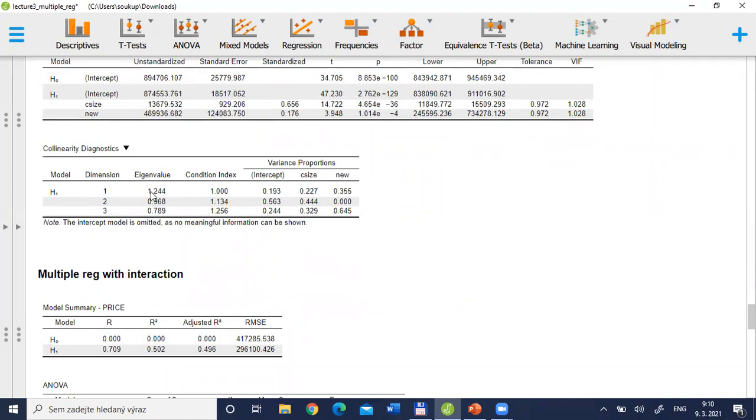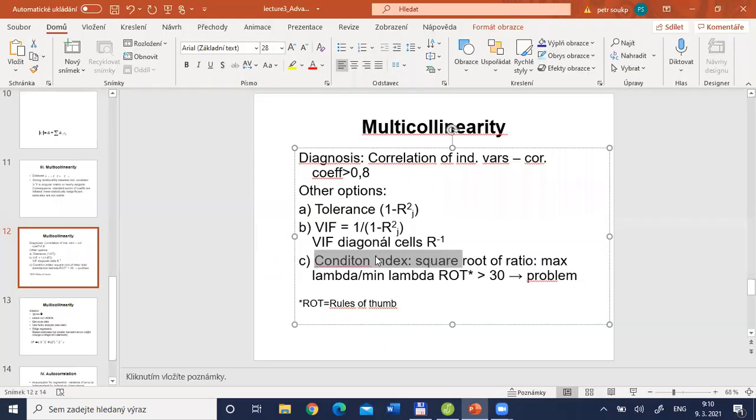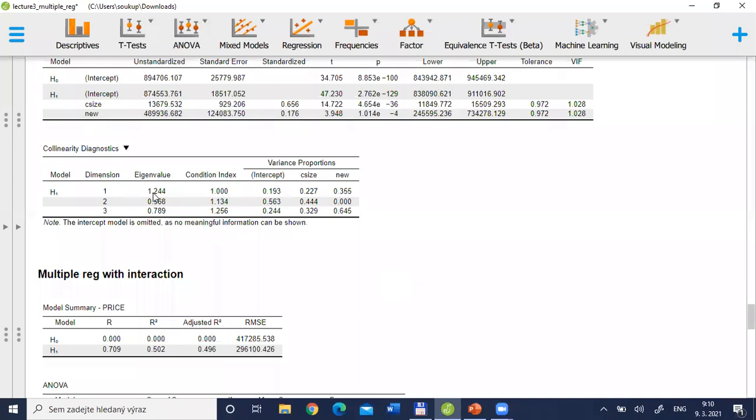If we try to evaluate multicollinearity by only one figure for the whole regression model, we would go into the last column. It means we would compute max divided by minimum, so this value divided by this value. And this ratio can be found here, and it is called the conditional index.